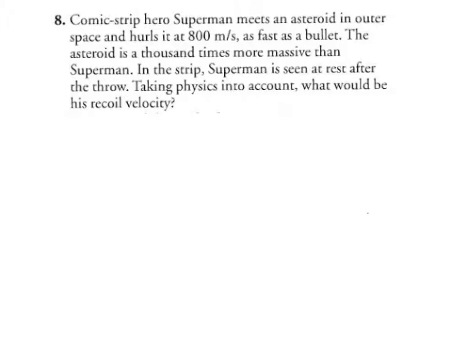Okay, so just like the skateboard when we threw the ball going in one direction, right, forces the skateboarder in the opposite direction. Momentum is conserved. Right, so we know that M2, which we're going to call the mass of the asteroid, at 800 meters per second.